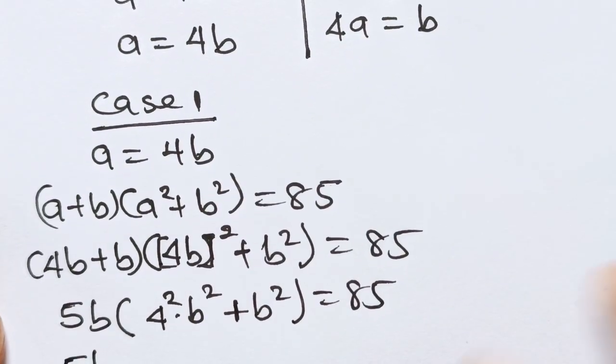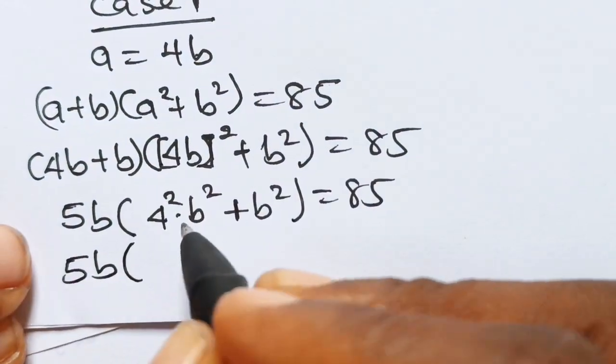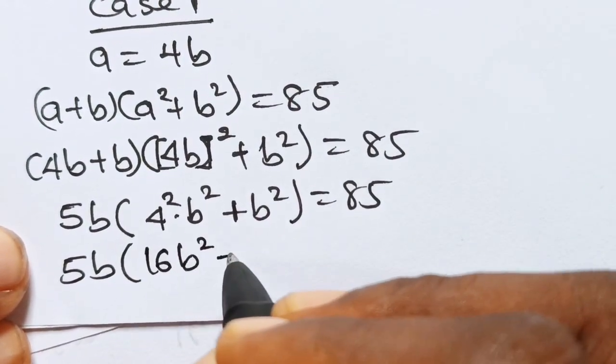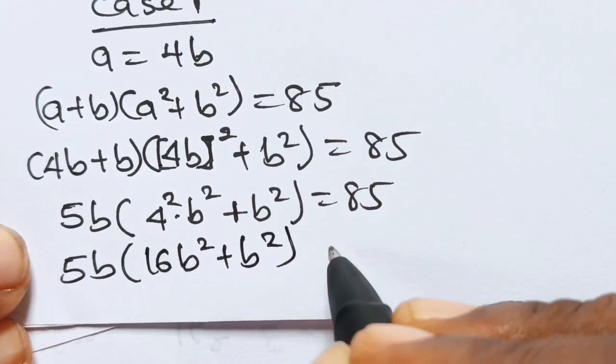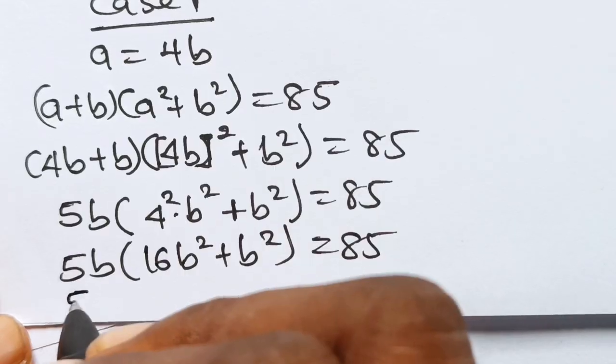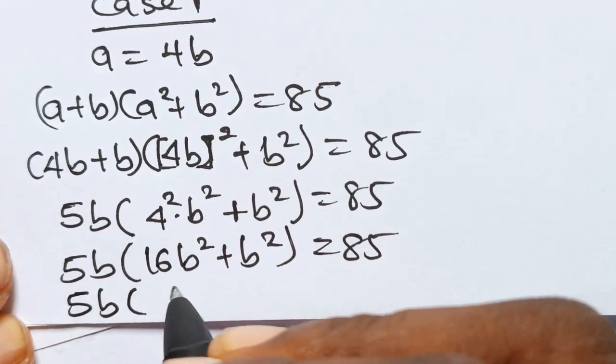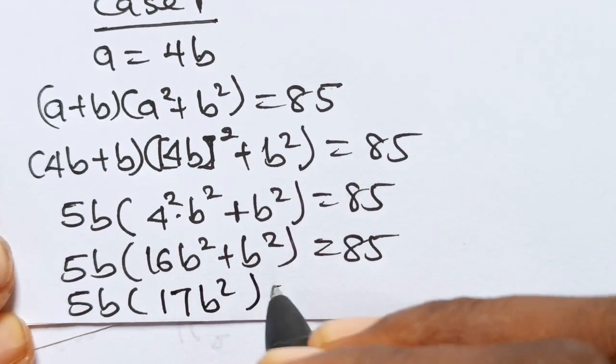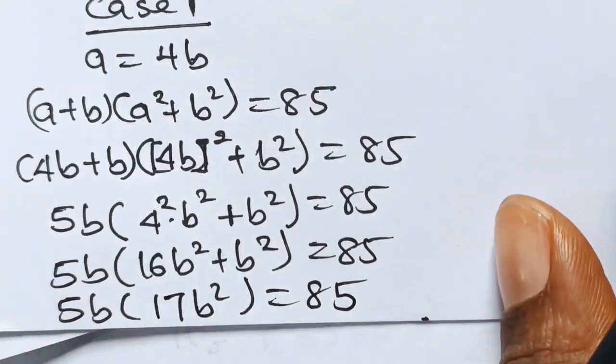So we have 5b(16b² + b²) is equal to 85. So we have 5b(17b²) is equal to 85.